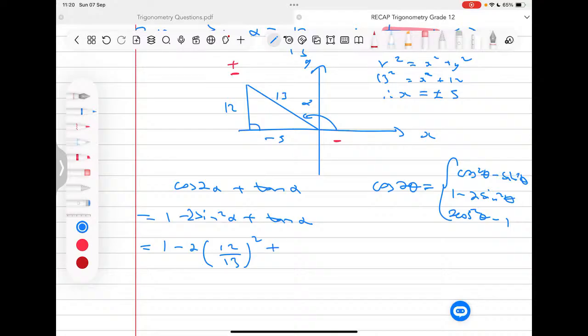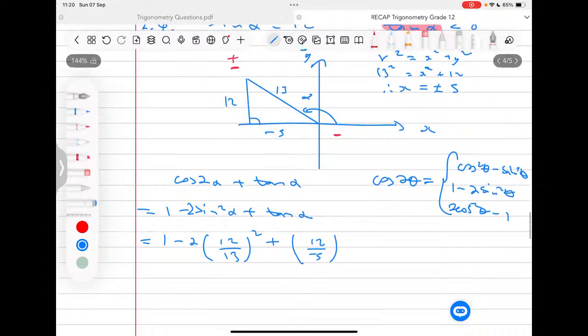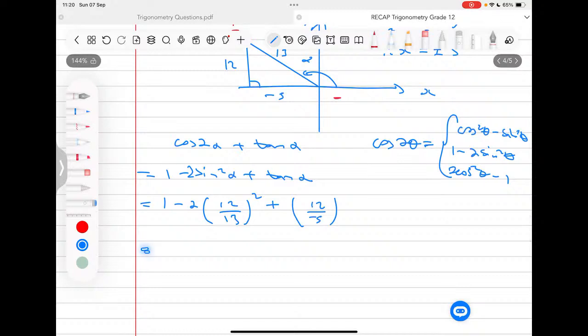And we're going to have a plus, and then the tan will be defined as opposite over adjacent. So this will be 12 divided by minus 5, right? Because opposite over adjacent is our tan. And at this stage you can press your calculator to get the value of this.